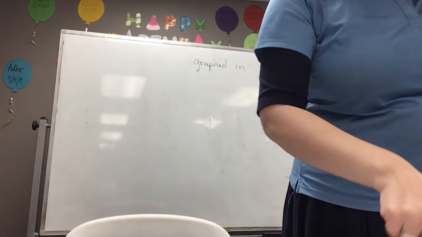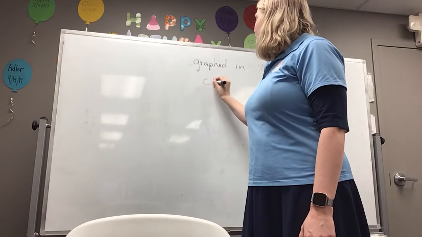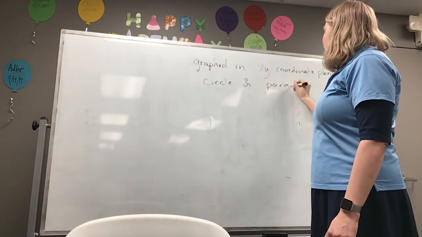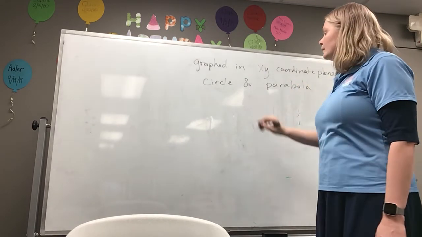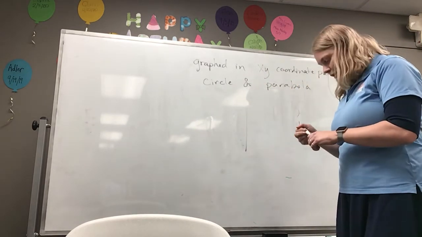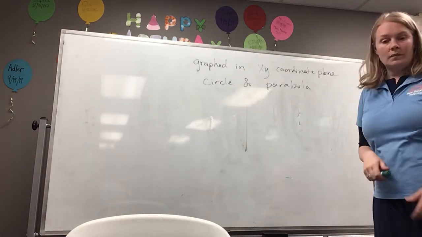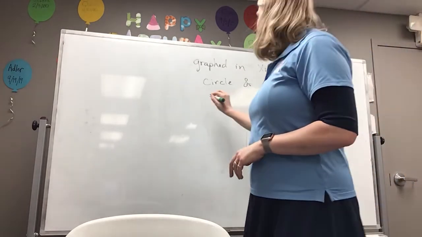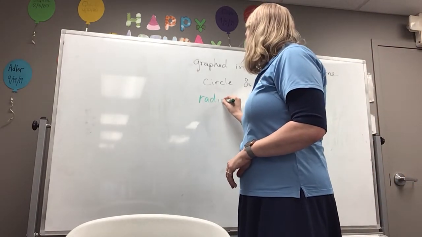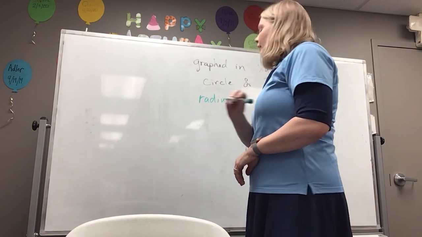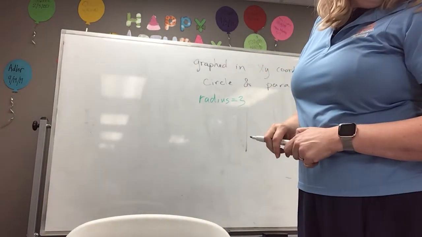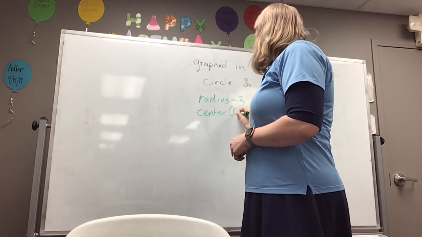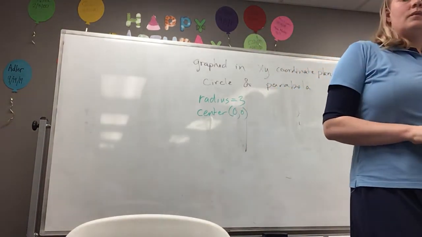And we have a circle and a parabola. It's getting worse. So, the circle has a radius equal to 3. And it is centered at 0, 0.